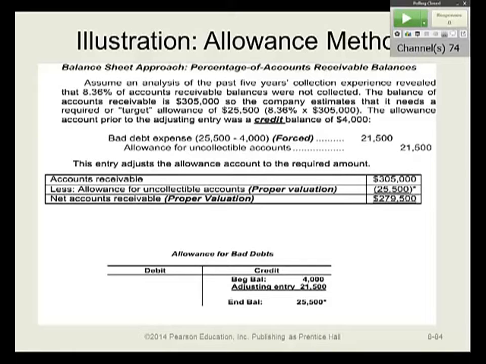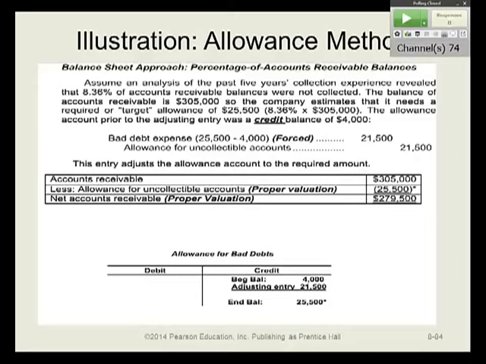All right, now, we do need to think about writing off accounts. So let's make sure we do this one more time under the allowance method. So let's take this example and let's write off an account. Let's assume that somebody with a balance of $25,000 is not going to pay.